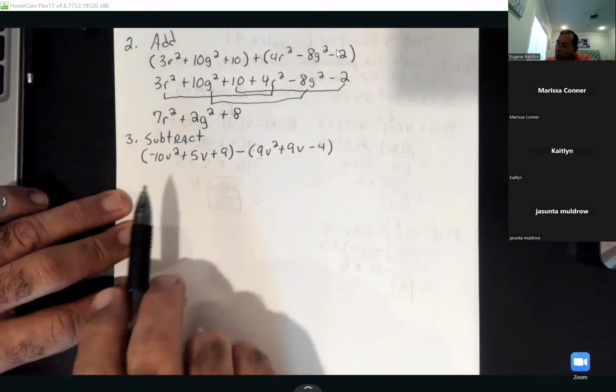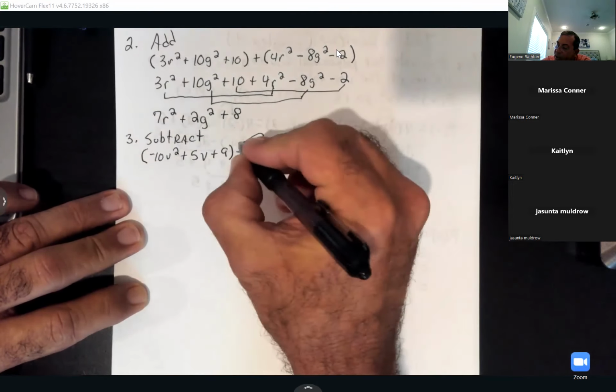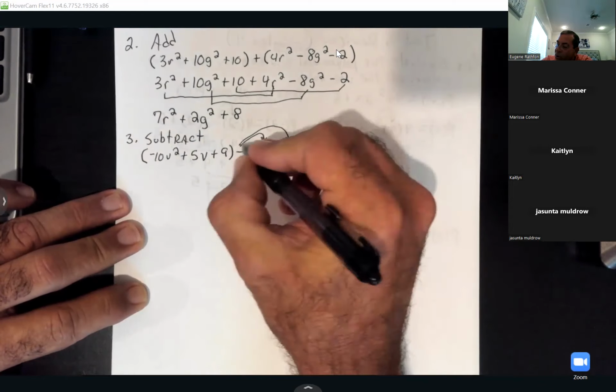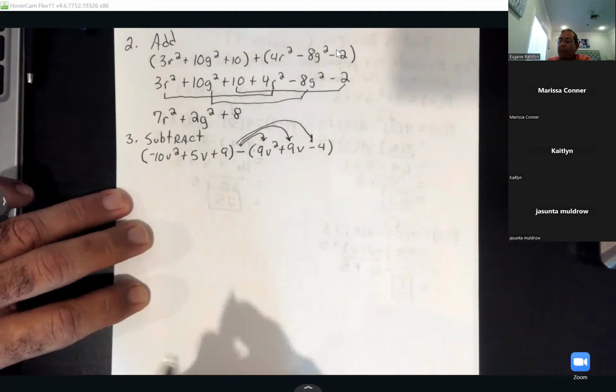So remember, when we got subtraction, we got to distribute the subtraction to all 3 terms in the second parentheses.